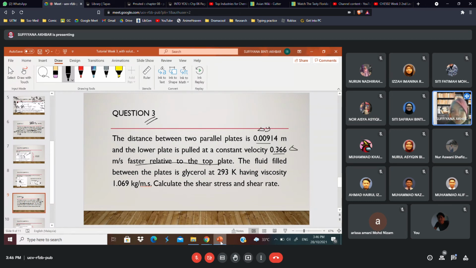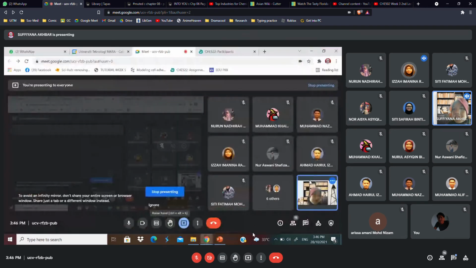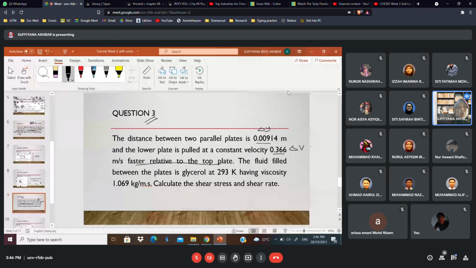Delta V. Okay, very good. The fluid filled between the plates is glycerol at 293 Kelvin, having viscosity 1.069 kilogram per meter second. This is viscosity. So determine the shear stress and the shear rate.